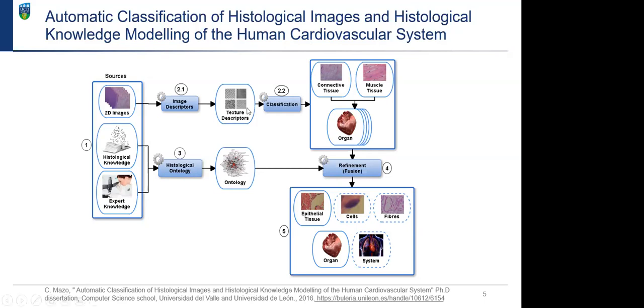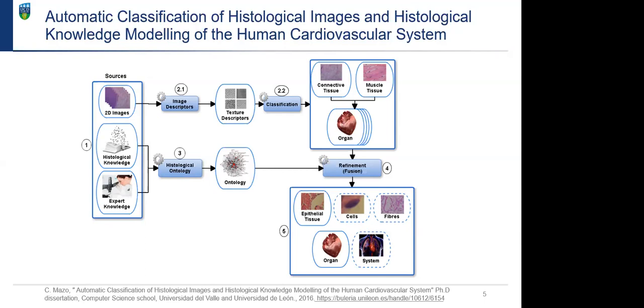So in this case, we propose to use texture descriptors. That is a kind of information that we could get from the images because the color information is limited for this specific problem.